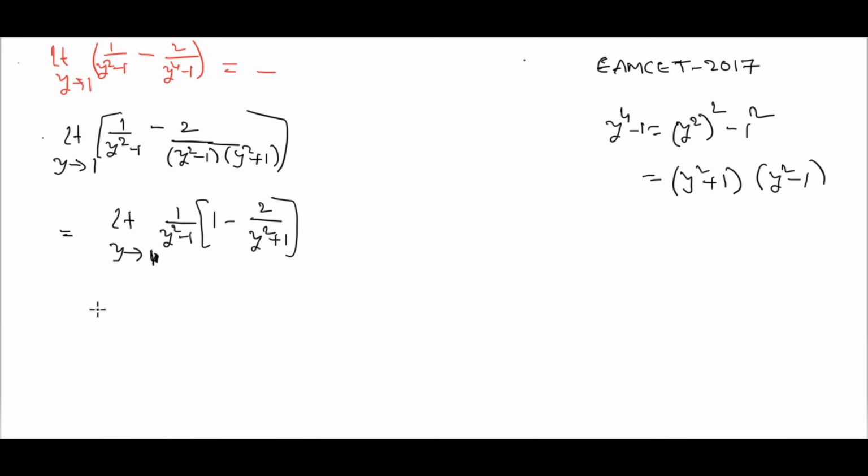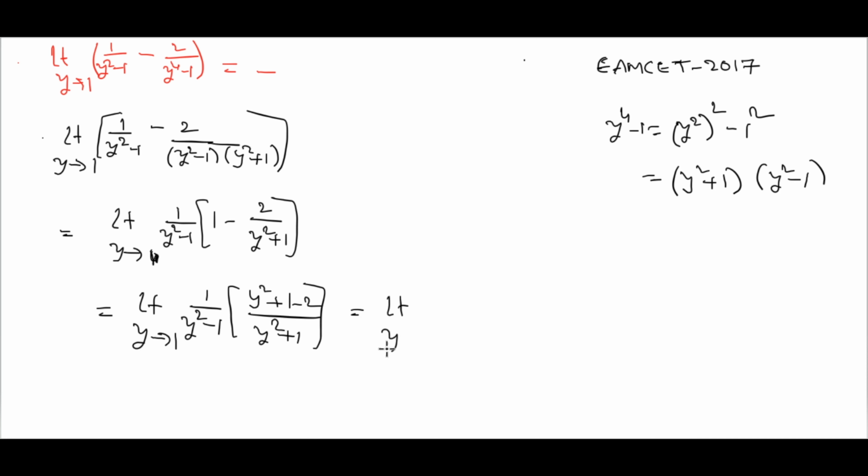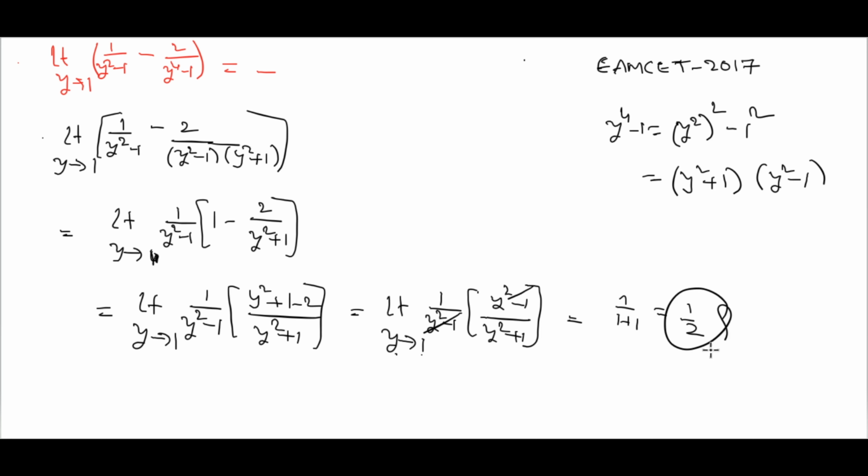So take LCM, that is equal to limit y tends to 1, 1 by (y square minus 1) into ((y square plus 1) minus 2) by (y square plus 1), that is equal to limit y tends to 1, 1 by (y square minus 1) into (y square minus 1) by (y square plus 1). So here y square minus 1 cancels. As y tends to 1, 1 square plus 1, that is 1 by (1 plus 1), that is equal to 1 by 2. Answer.